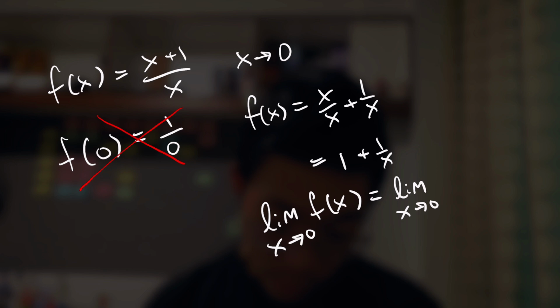Also, for the property that we are using here, this is something that we call the sum rule or sum property of limits.